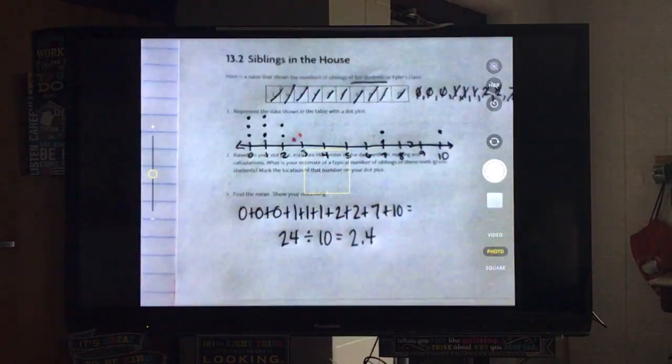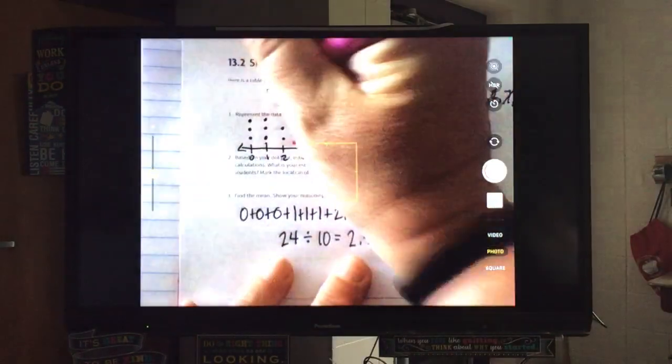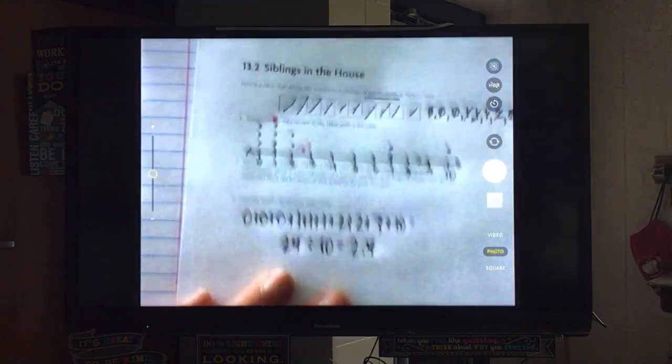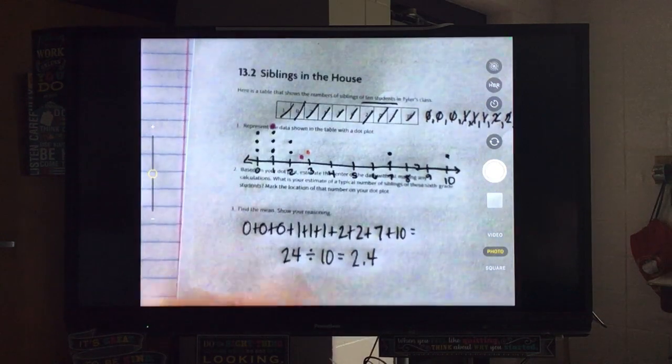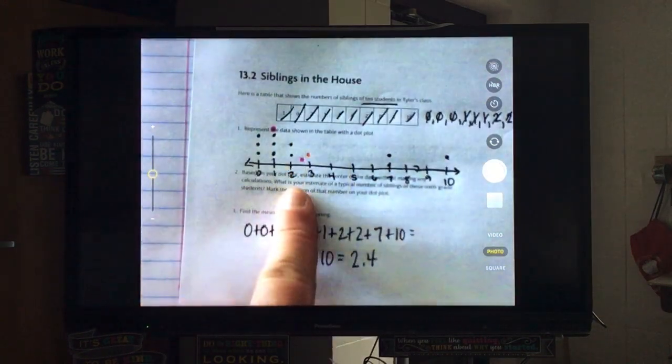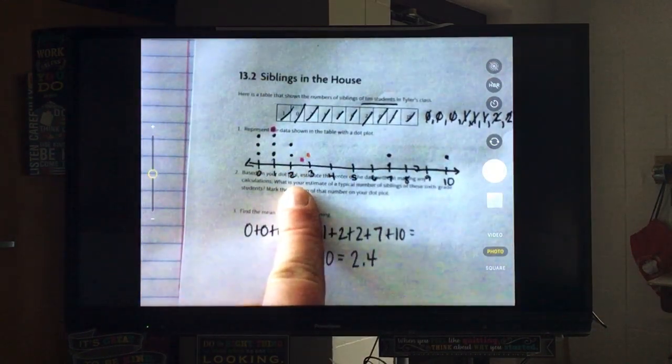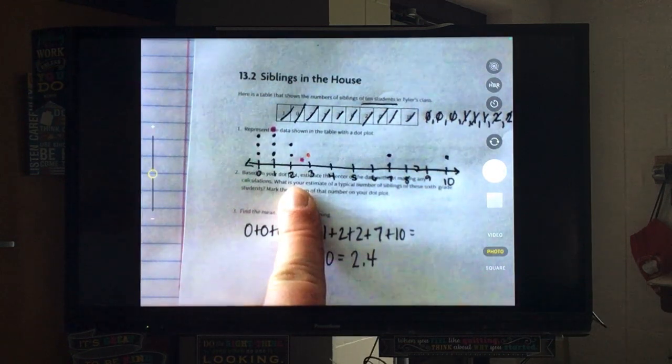So I'm gonna go back to here, and essentially, the median is 1. So 1 being here, do you think that is a better measure of our data now? So you're saying yes? Why?